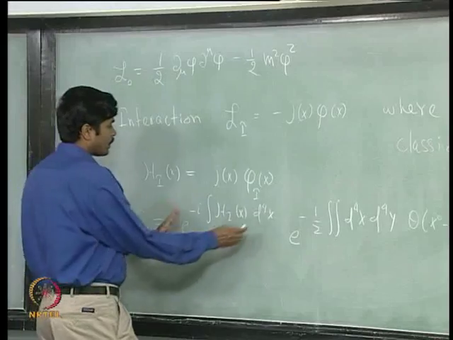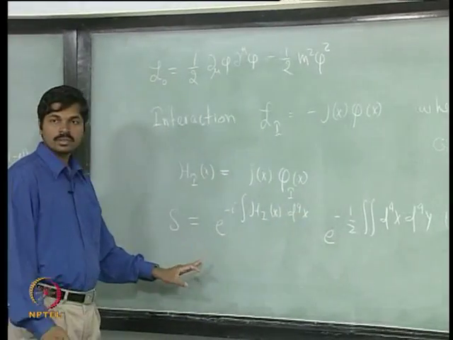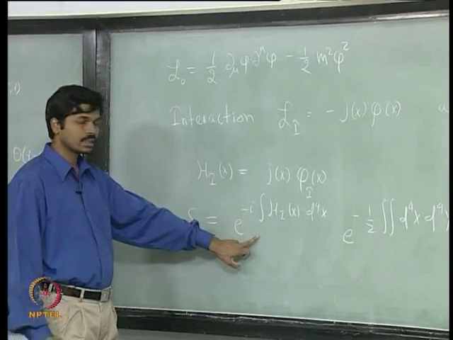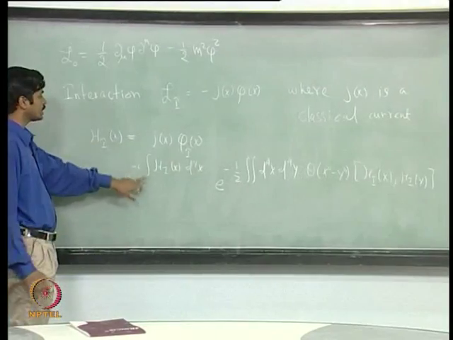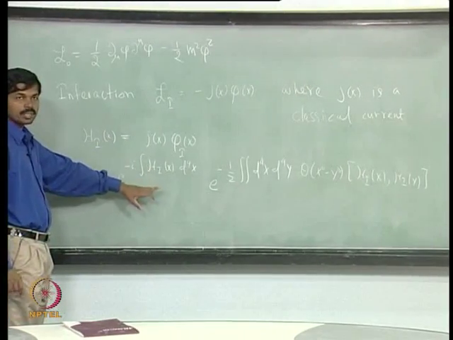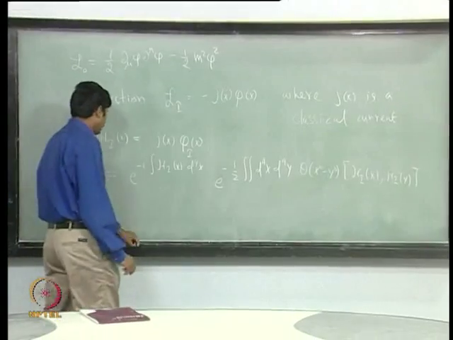What I will do is I will first consider this first term here in the S matrix. I will put this expression for H_I of x and then I will write it in a convenient form.